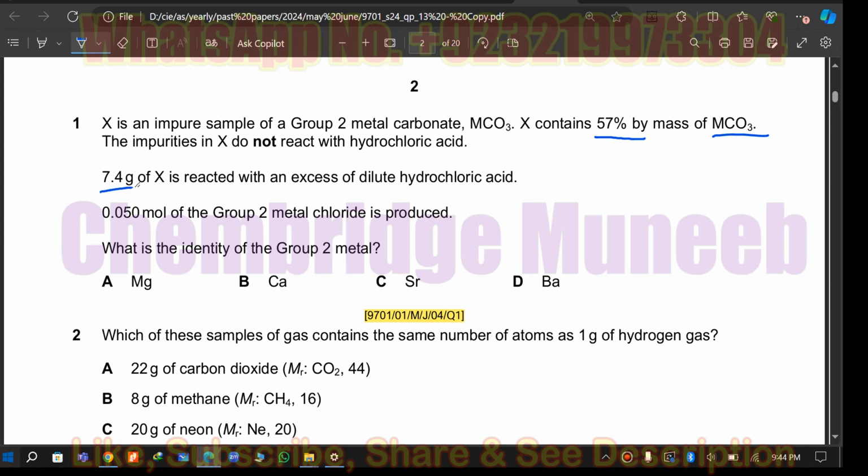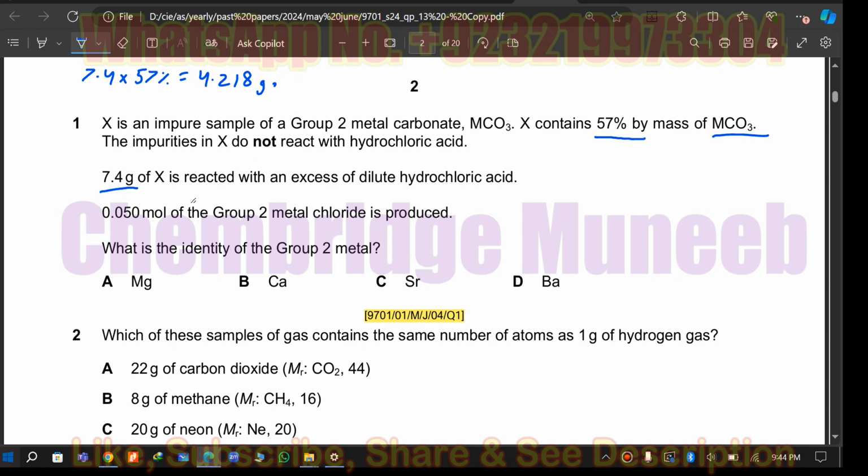We are provided 7.4 gram, which means we need to calculate 57% of 7.4. So I will write 7.4 into 57%. So I will get the value as 4.218 gram. Now this is the mass of the MCO3 compound which is present in the impure X compound.